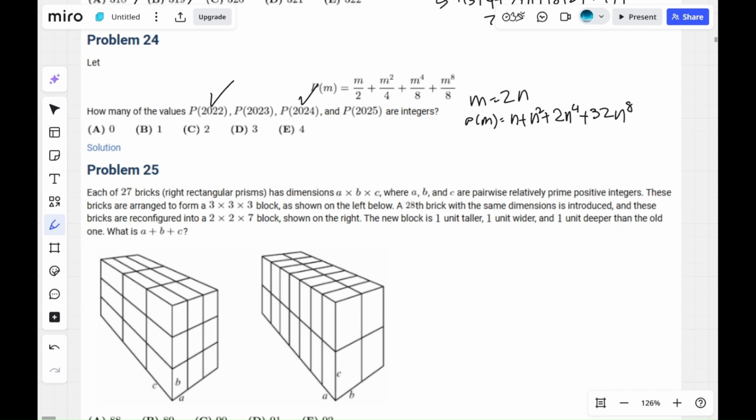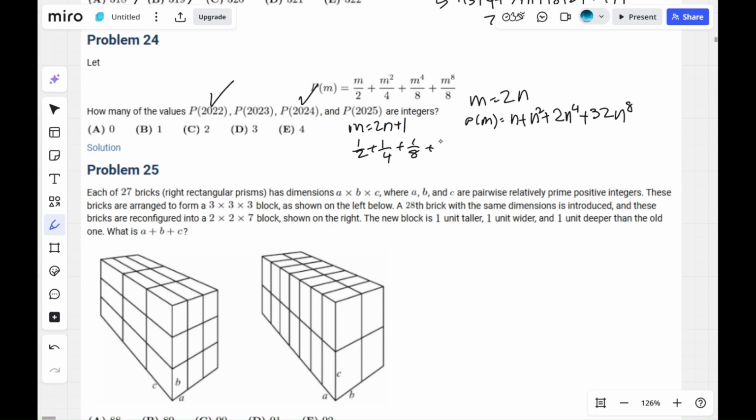So now we have to consider the cases where m is odd. So we see that m can be written as 2n plus 1. So the first fraction will be an integer plus 1 over 2. The second will be an integer plus 1 over 4. The third will be an integer plus 1 over 8.